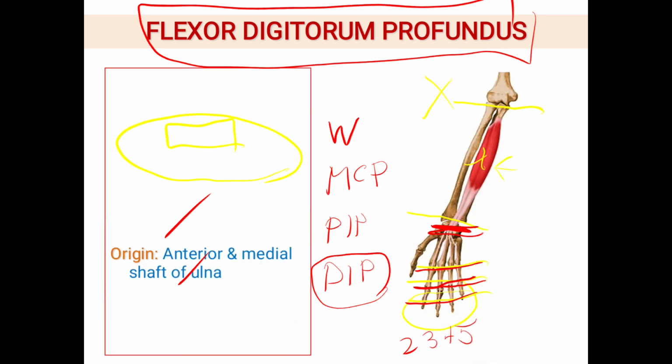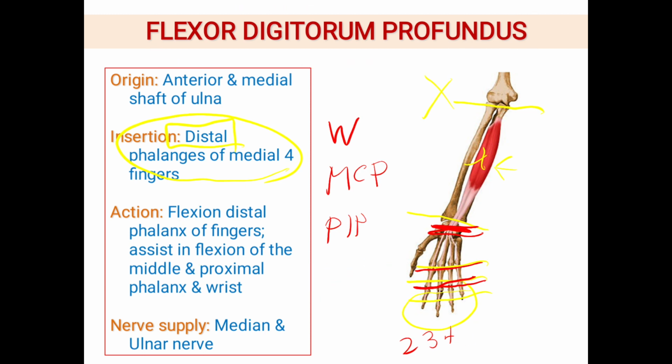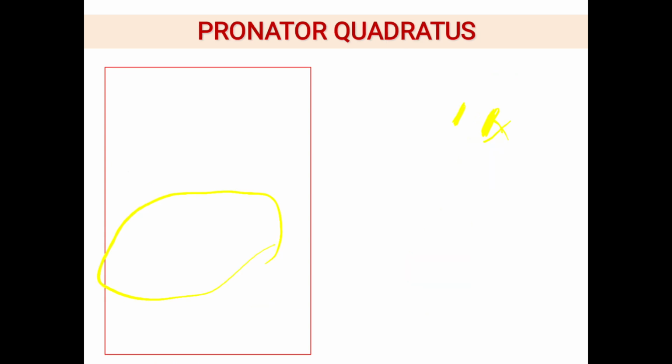Now, the nerve supply of your flexor digitorum profundus is median and ulnar nerve. Okay, so we will discuss them later at the summary.